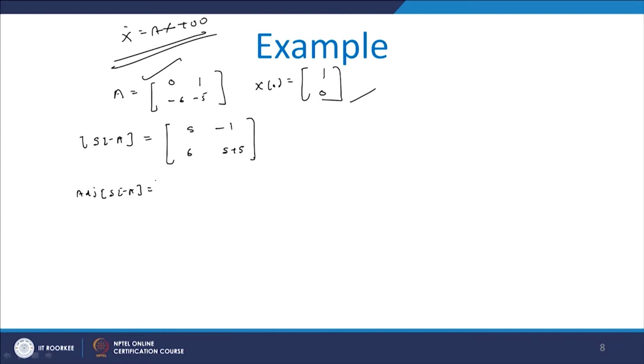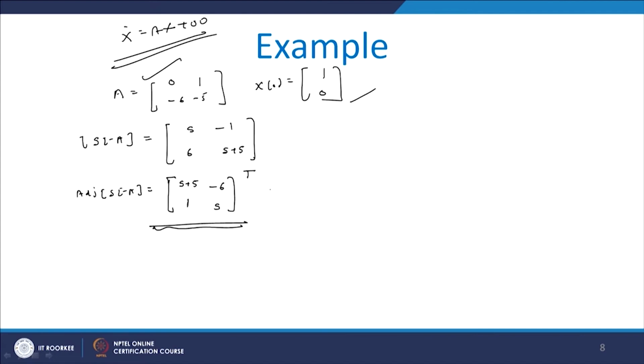So, how to get the adjoint of SI minus A? We have to take the transpose of the cofactors. So, cofactors are S plus 5, here is S, here is minus 6, here is 1, then transpose, divided by the determinant. Okay, this is the adjoint.